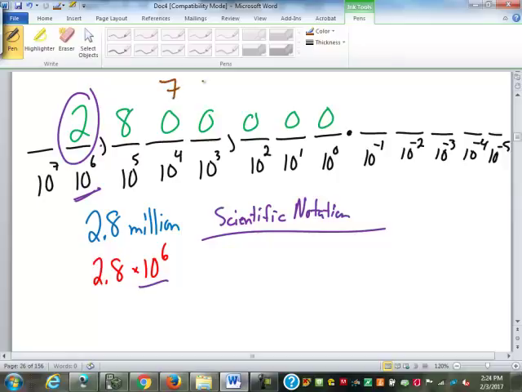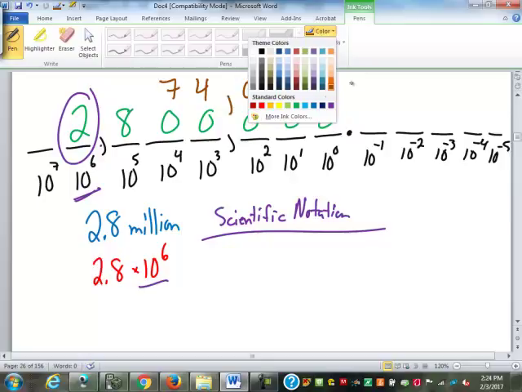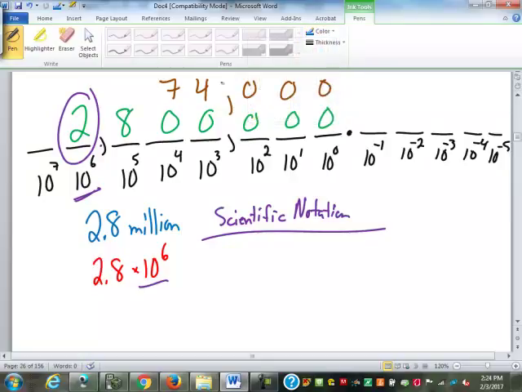So if I have 74,000, if I want to express that in scientific notation, I take that first digit, the 7. I'm going to put the decimal point after it, so that's 7.4. And the 7 is in the 10 to the 4th place value. So 7.4 times 10 to the 4th.